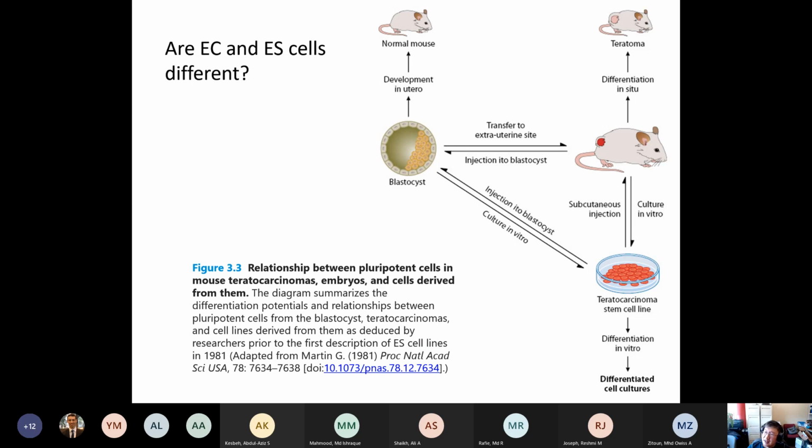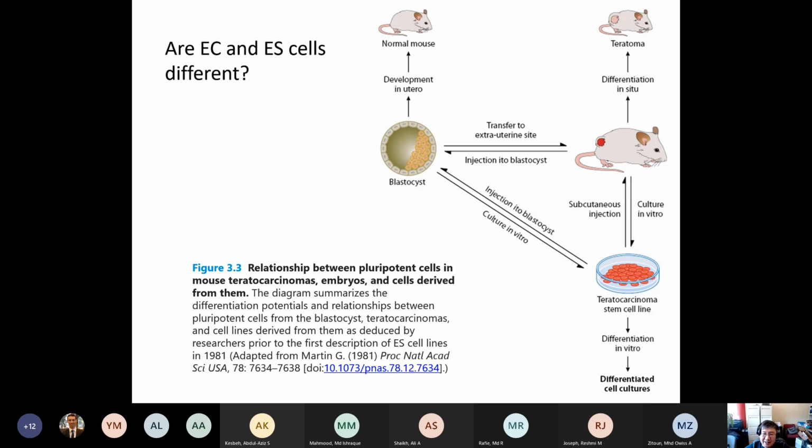People say that the carcinoma cells have mutations, which is probably true because it's abnormal to begin with. You isolate it from an abnormal tissue, not the developing normal embryo. So there could be mutations, but will you be able to find some cell that doesn't have the mutation from the carcinoma cells? I think it is possible.